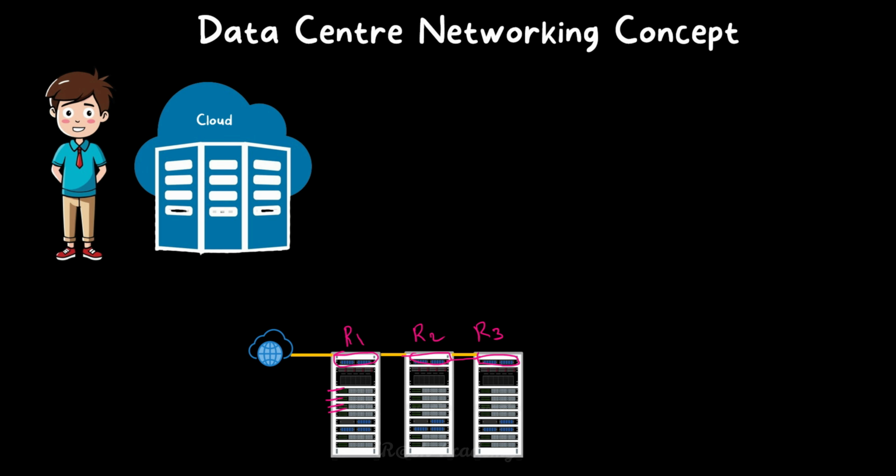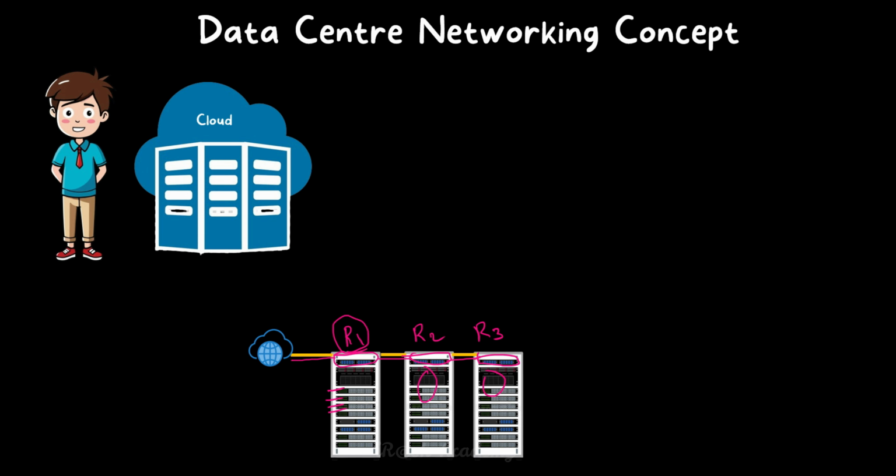Each rack is connected in series from TOR switch to TOR switch and one uplink is given to the internet. So all of these rack devices can access the internet using this R1 because all of the racks are connected in series. Here, do you see any problem with this kind of connectivity?